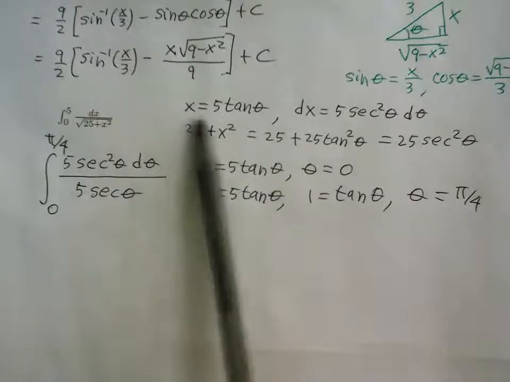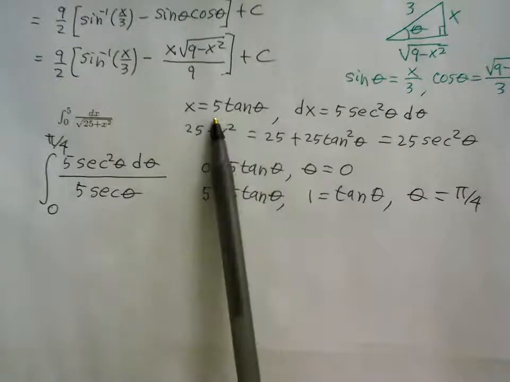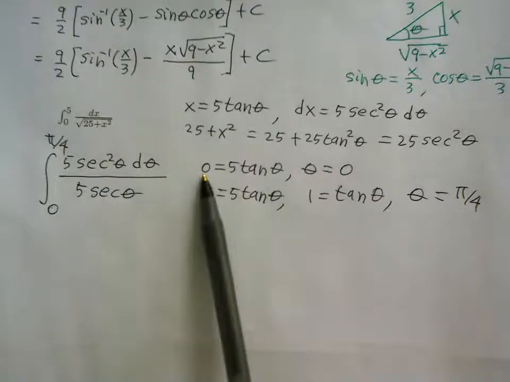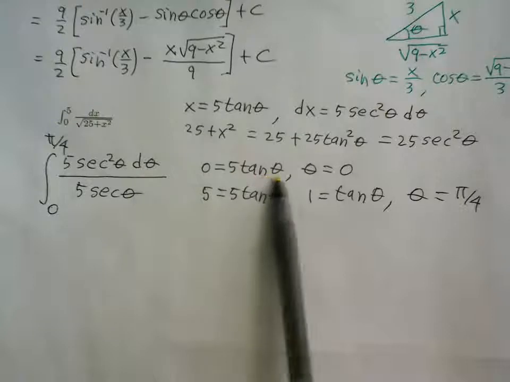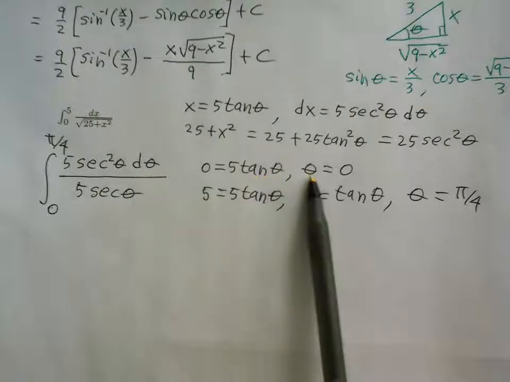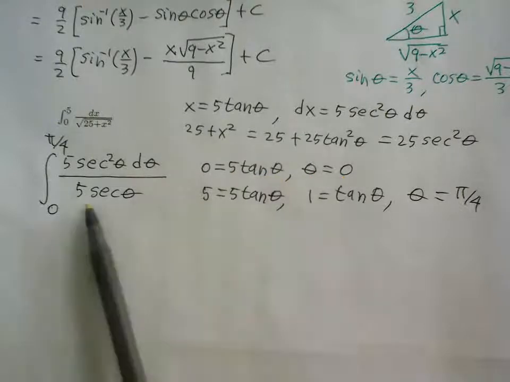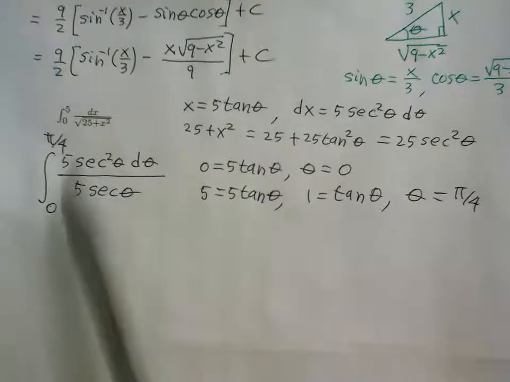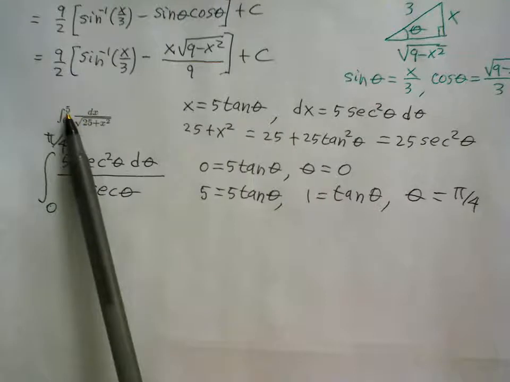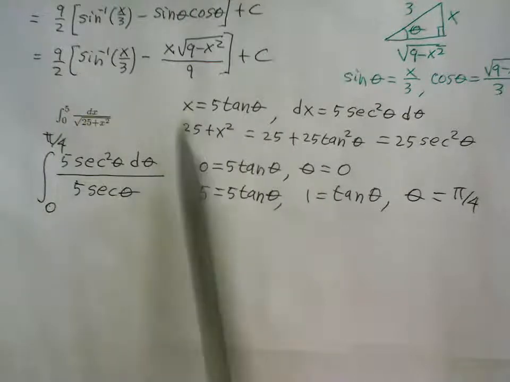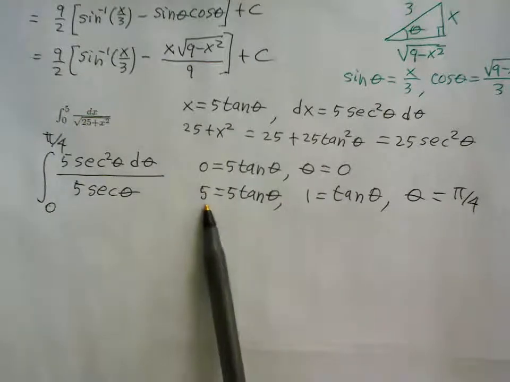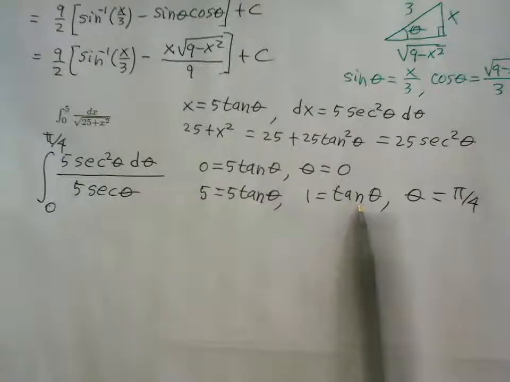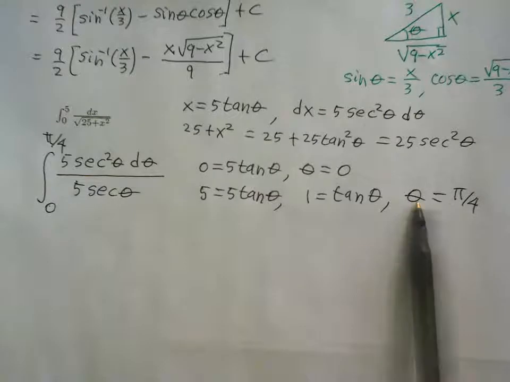Since x equals 5 times tangent of theta, when x is 0, we set 0 equal to 5 times tangent of theta. And that occurs when theta is 0. So the lower limit is theta equals 0. And the upper limit for x is x equals 5. Replace x with 5. 5 equals 5 times tangent of theta, or 1 equals tangent of theta. And that occurs when theta equals pi over 4.